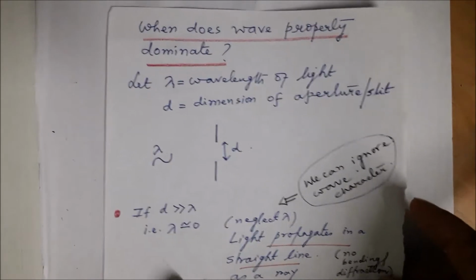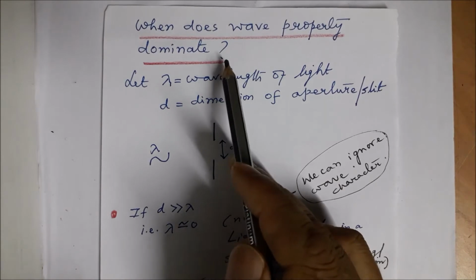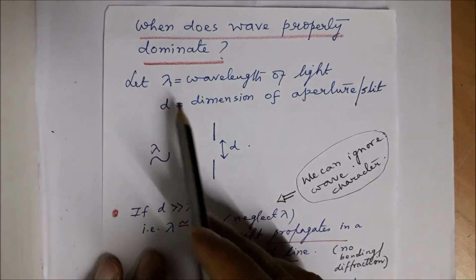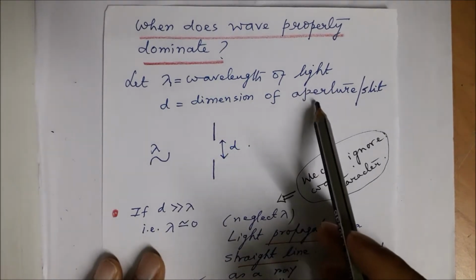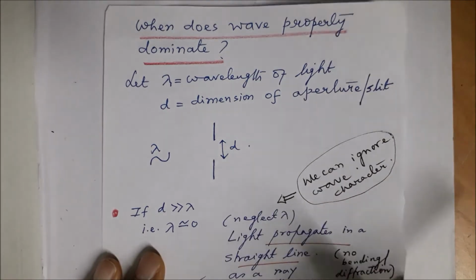Let us now address the very important question: when does wave property dominate? Let lambda be the wavelength of light and d be the dimension of an aperture or slit or an obstacle, say.